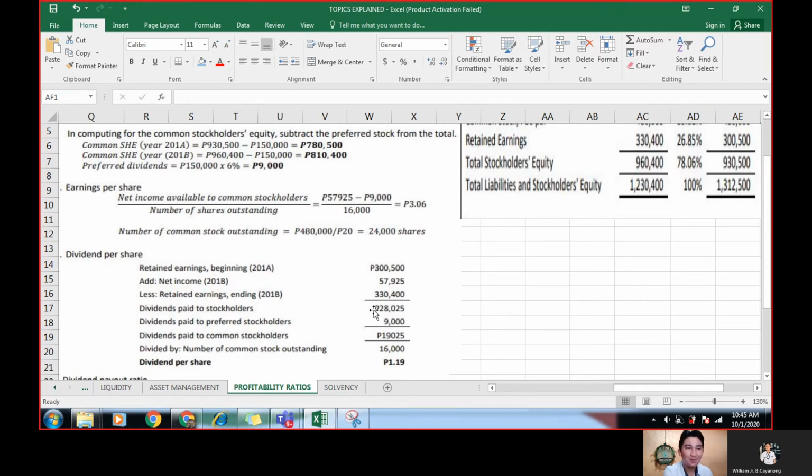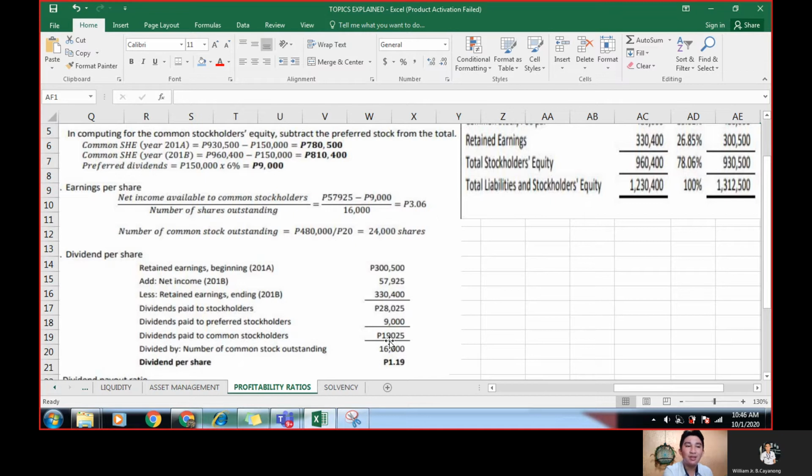28,025 pesos. Now, sa 28 na yan, i-deduct mo yung binigay mo kay preferred dividends na 9,000. So therefore, ang available na lang kay common stockholders is 19,025. So sa 19,025, i-divide mo yan by how many common shares? 16,000.